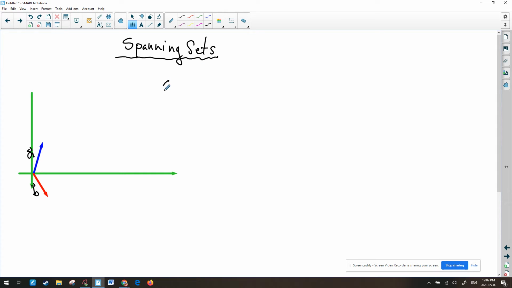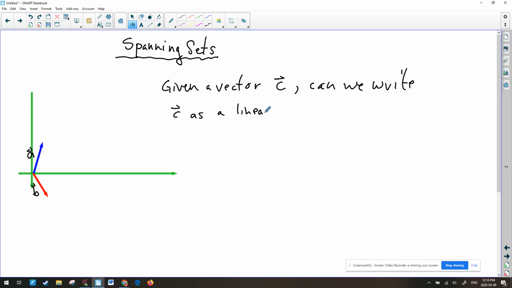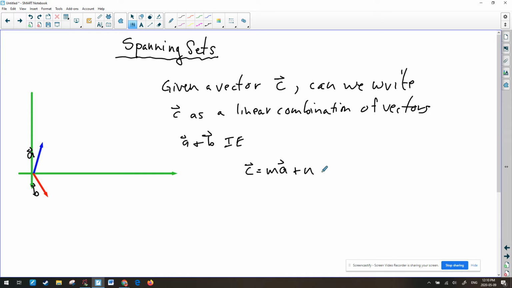So, given a vector, I'm just going to call it C for this, can we write C as a linear combination of vectors A and B, i.e., what we're really looking for is, can we demonstrate that C is equal to M times vector A plus N times vector B, where M and N are members of the reals.